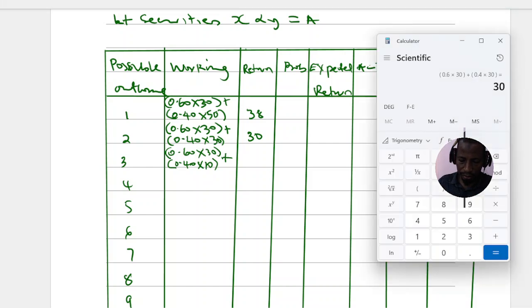The third one: open a bracket, 0.6 multiplied by 30, close the bracket, plus open a bracket, 0.4 multiplied by 10, close the bracket, equal 22.